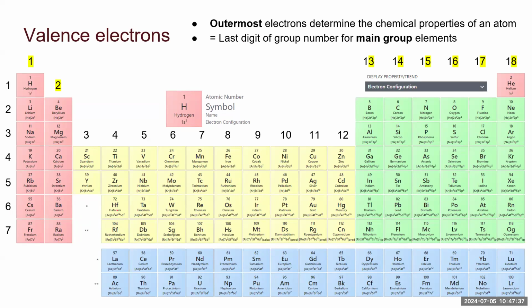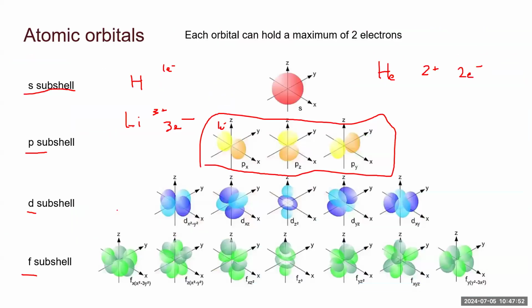So if we took something like phosphorus, which has the atomic symbol P and 15 protons, it has 15 electrons. The very first two electrons in any atom of phosphorus are in this S subshell.